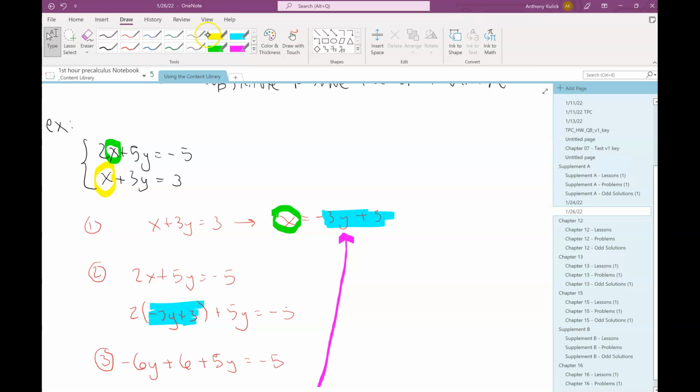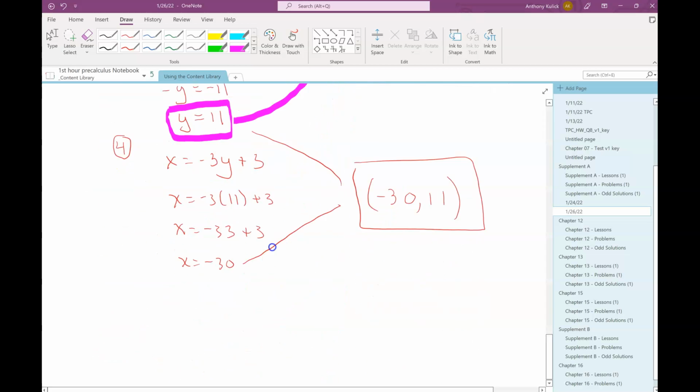I just go back to the original equations and plug in negative 30 for x and positive 11 for y and make sure that both equations are satisfied. Everybody okay there?